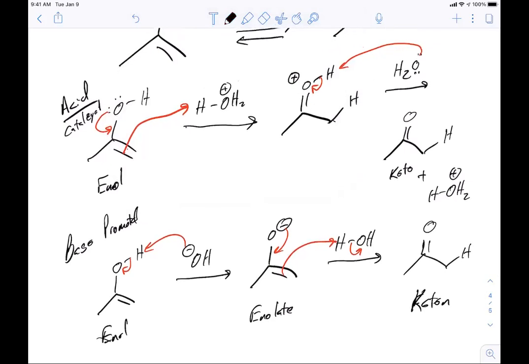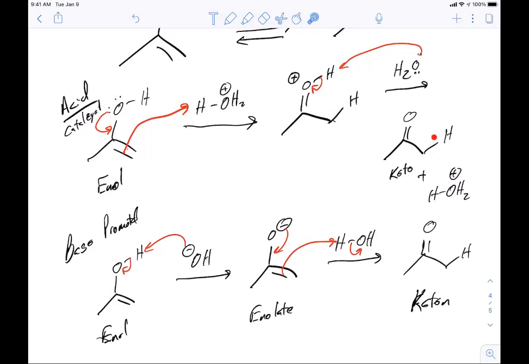All right. Questions about the tautomerization process? Yes. Yeah, you should know the base mechanism for the test as well. You won't see it until probably next semester when you get to ketone and aldehyde reactions. But it's important, might as well learn both of them at the same time. The difference is what you're adding first. You add the proton first in the acid, you add the proton second in the base, right?